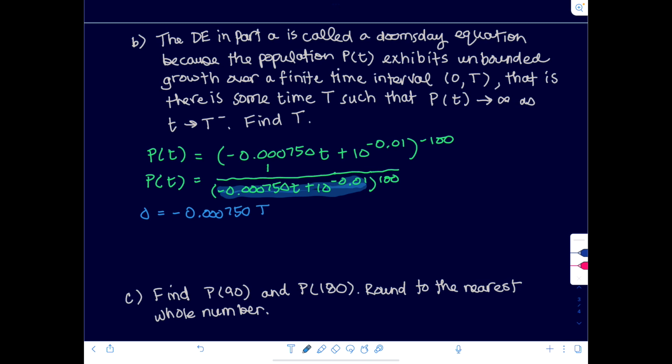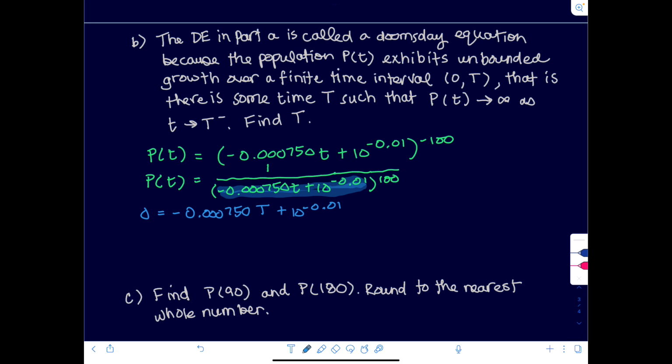And call it capital T because we're doing something different with it. And I'm just going to look at that quantity, because as that quantity gets super close to 0, the whole thing is going to go to infinity, right? And it'll be positive because you're raising it to the 100th power, which will make it positive.